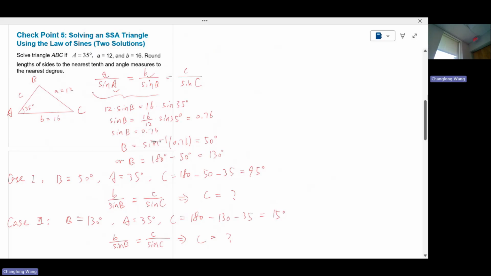If the numbers you're getting for C might not be an angle, what if you get negative 20?